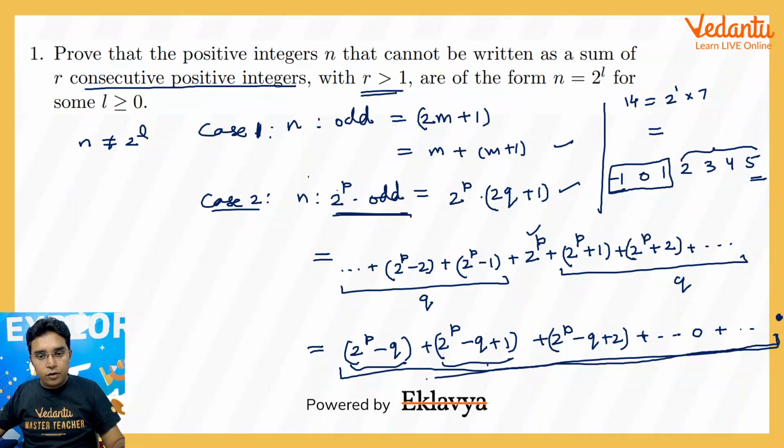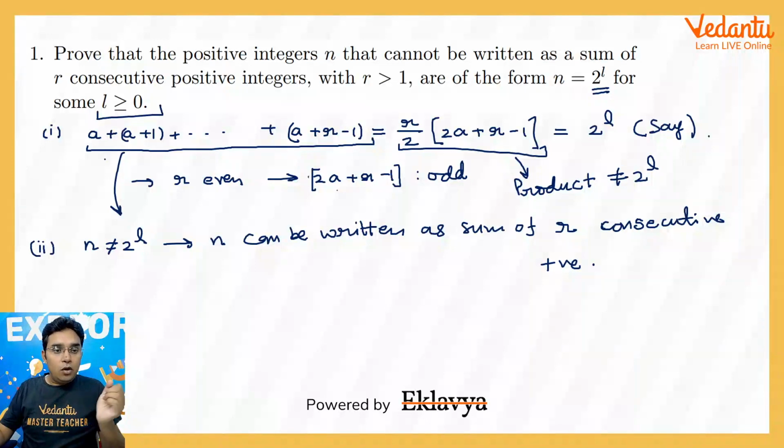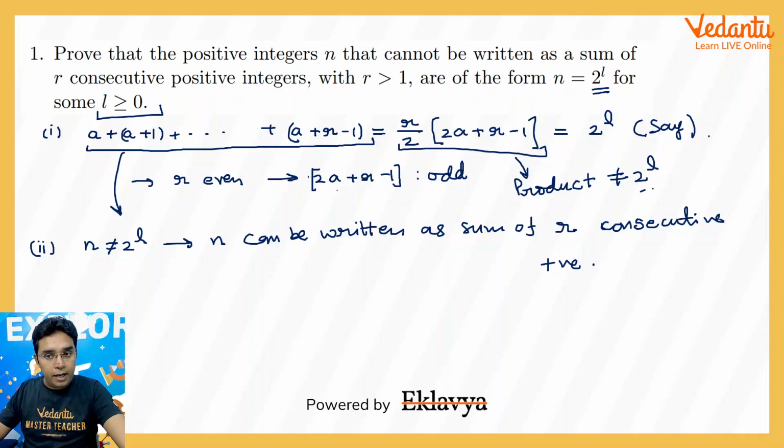So this is how we can say that any number that is not of the form 2 power L can be written as the sum of consecutive positive integers. A number that can be written as the sum of consecutive positive integers cannot be 2 power L. So I think we have proved that a number is not 2 power L if and only if it can be written as the sum of consecutive positive integers.